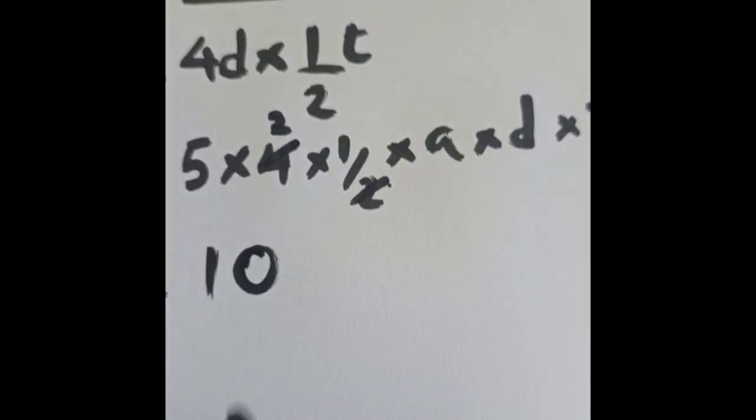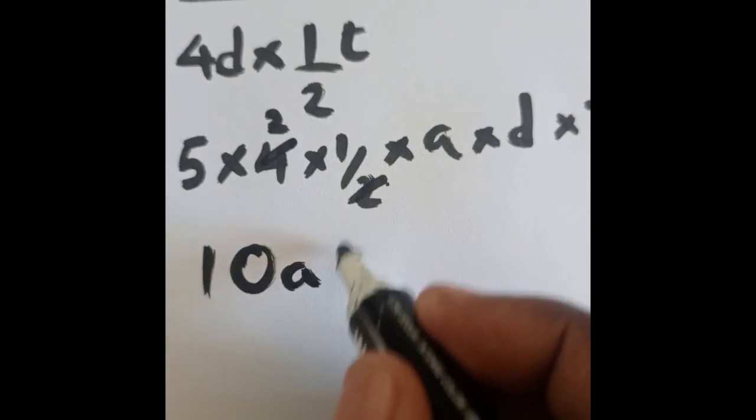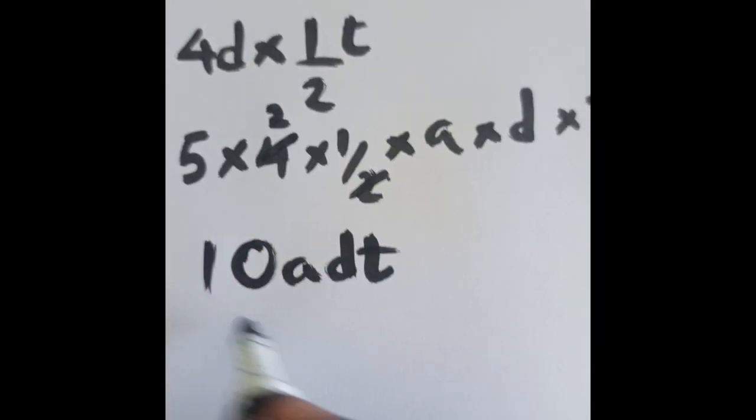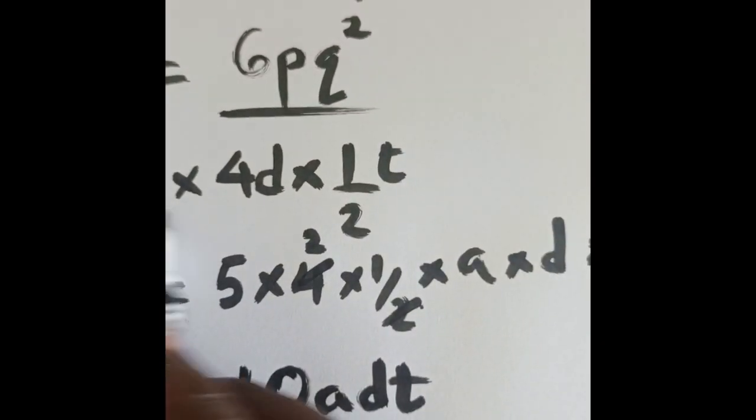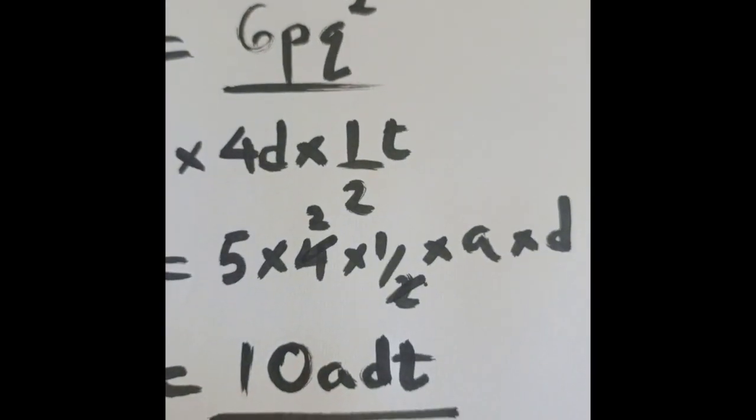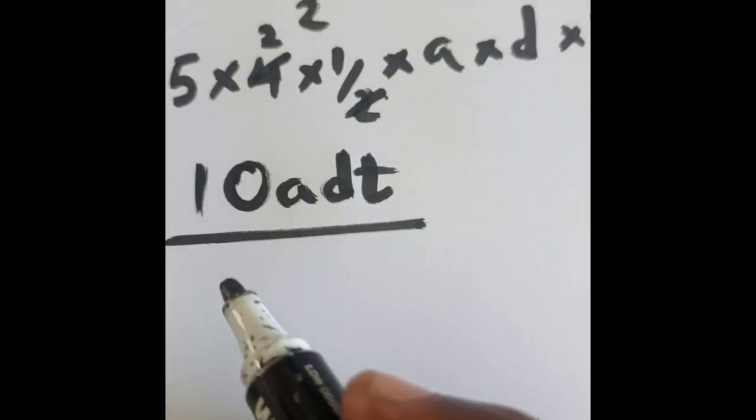So that is 10ADT, and this is the product of our algebraic terms that you are asked there. This is the final answer.